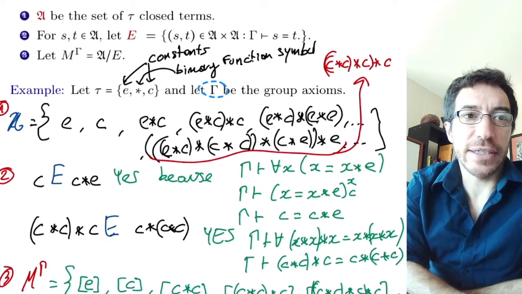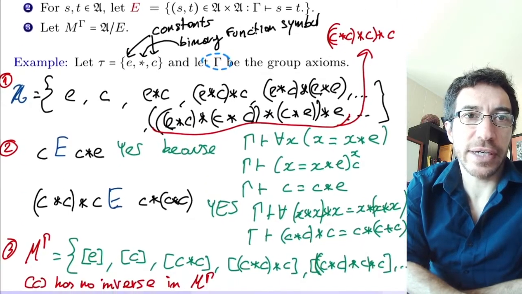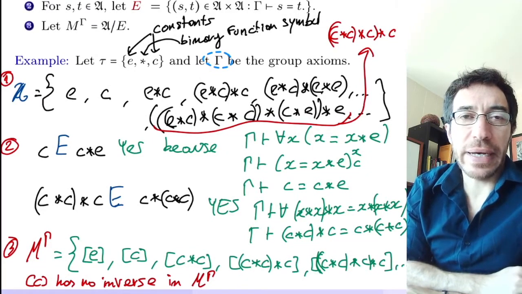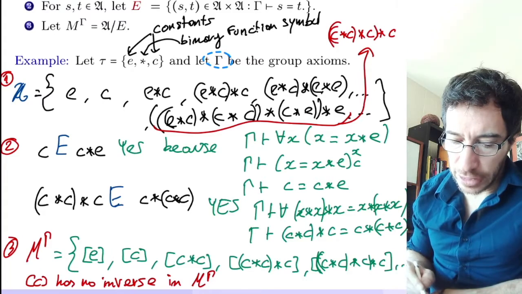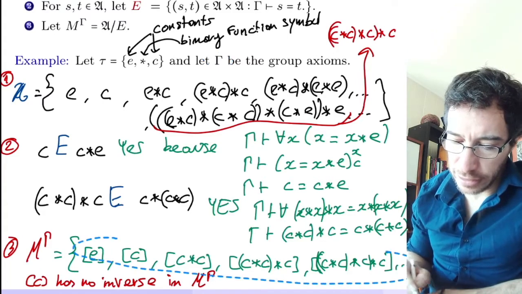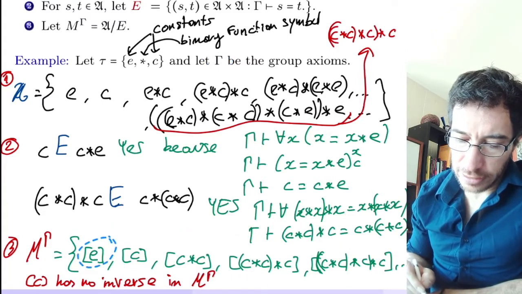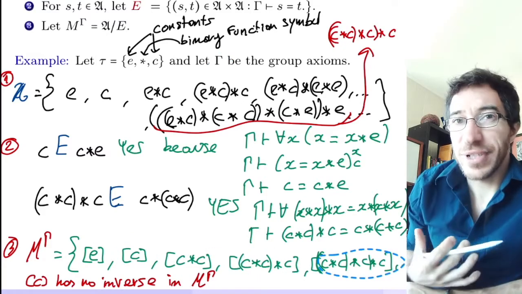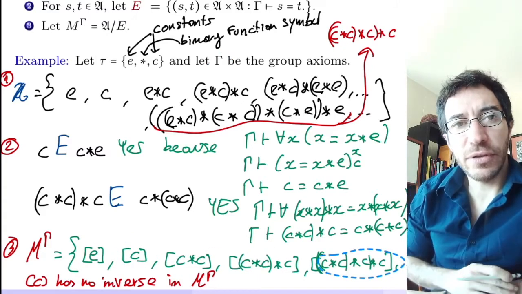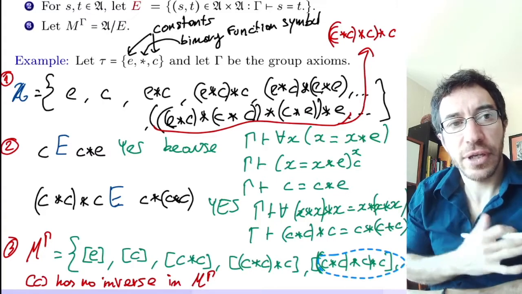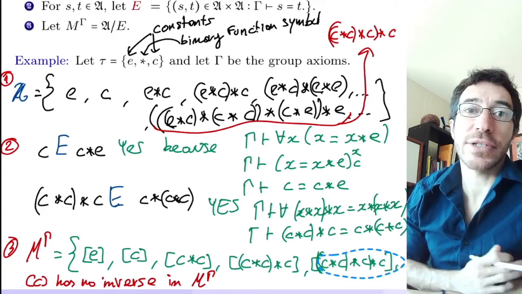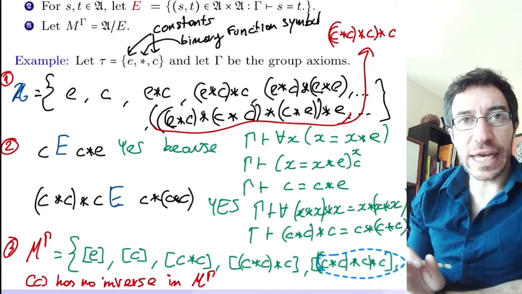It satisfies associativity, it satisfies that the identity is the identity, but in this case we have no inverses. All the elements we had looked like identity, c squared, c cubed, c fourth, essentially looking like the natural numbers. And actually if you do the operation on this one, you're going to see that this looks like the natural numbers with addition. So it's not really a group because it has no inverse. So it's not that good.